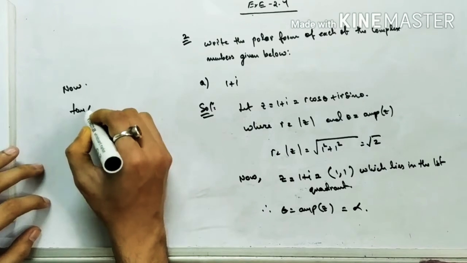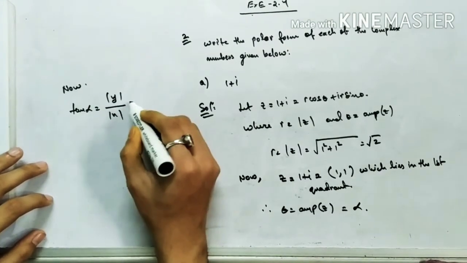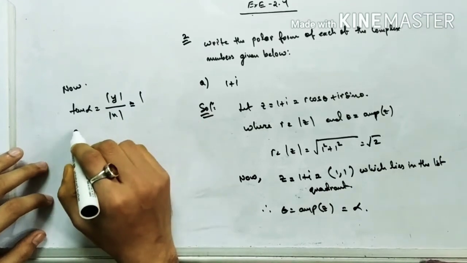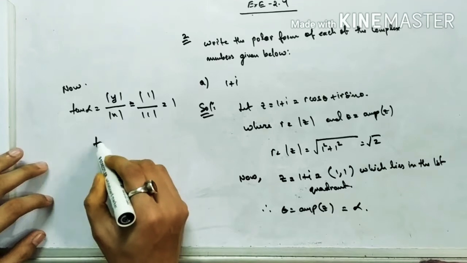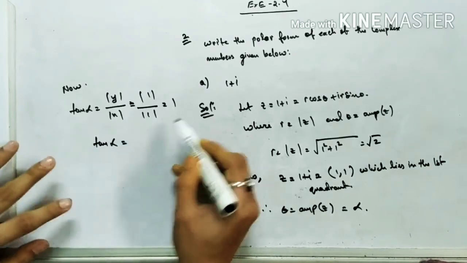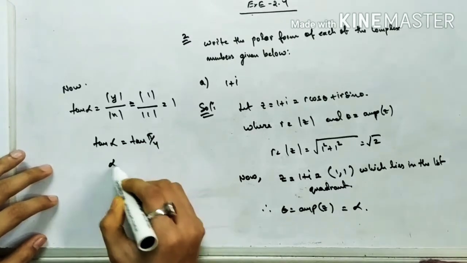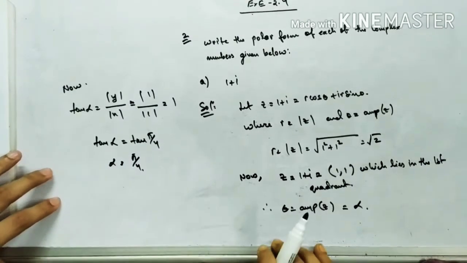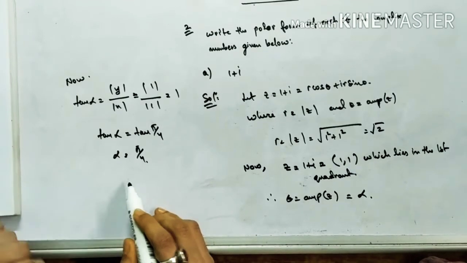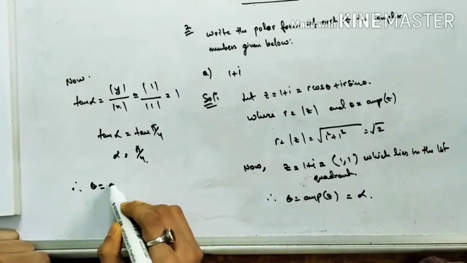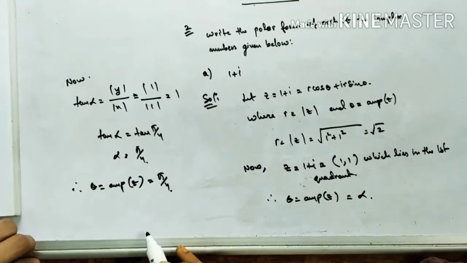Now tan alpha is equal to modulus y by modulus x, which is 1 by 1, equal to 1. So tan alpha is 1 when it is tan pi by 4. So alpha is equal to pi by 4. Therefore theta, the amplitude of z, is pi by 4.